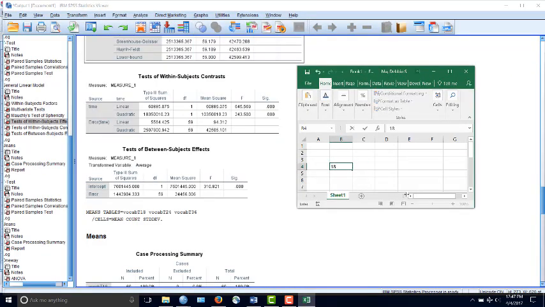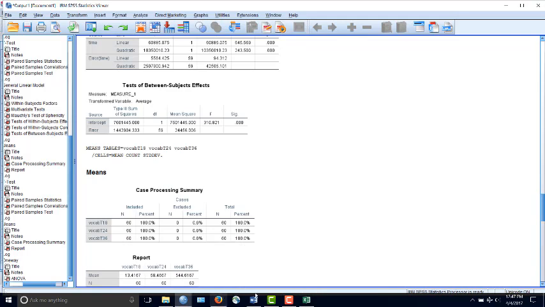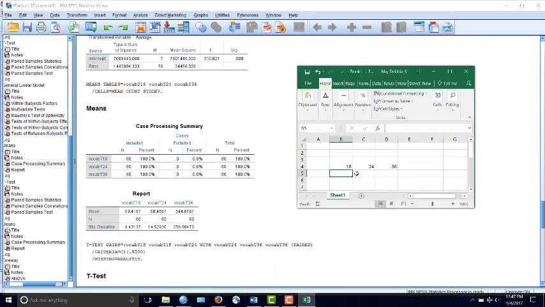So 18 months, 24 months, 36 months, and at this time point, I'm going to say 13.42, 58.47, 544.62, and this top set of cells just corresponds to the condition, 18 months, 24 months, 36 months, and these are the mean vocabulary.